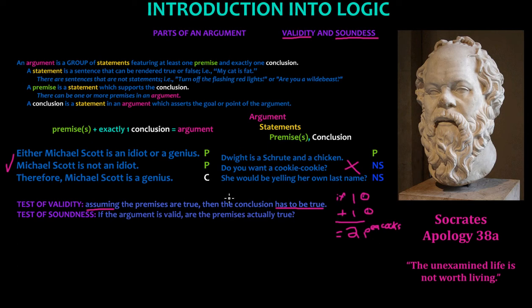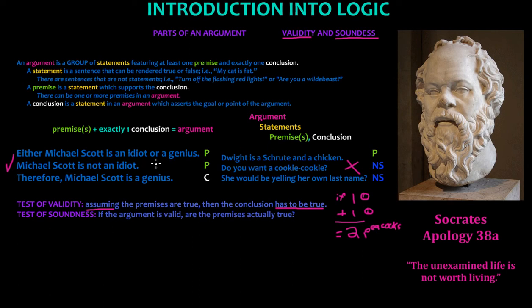So in this particular case, assuming each of these statements is true, does the conclusion have to be true? Is it demanded that it has to be true? Well, let's look at it. Either Michael Scott is an idiot or a genius. So we are assuming that he is either a genius or he is an idiot.